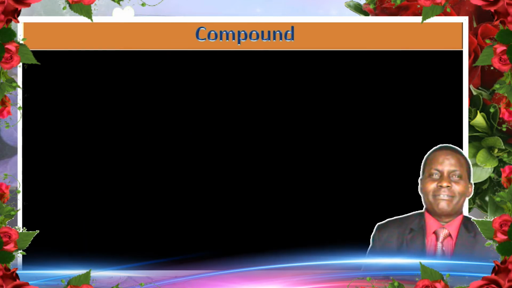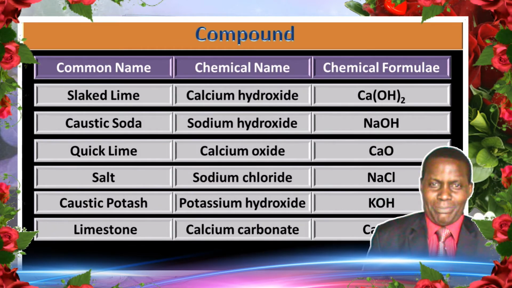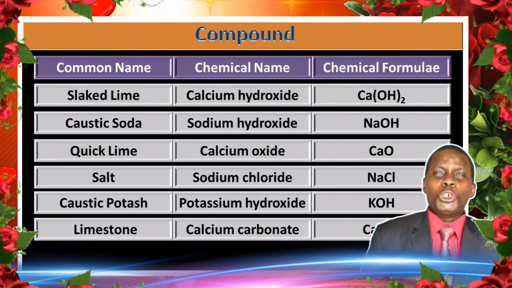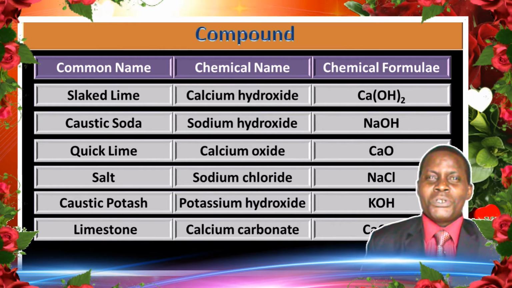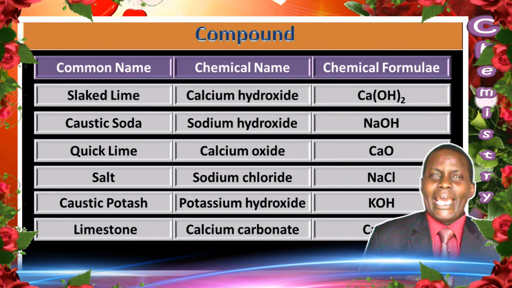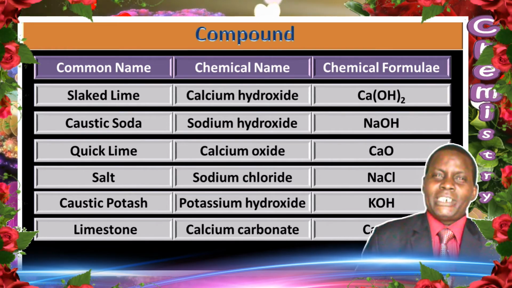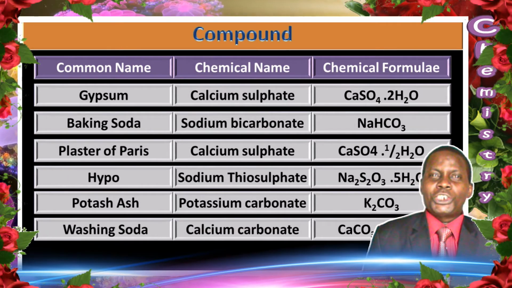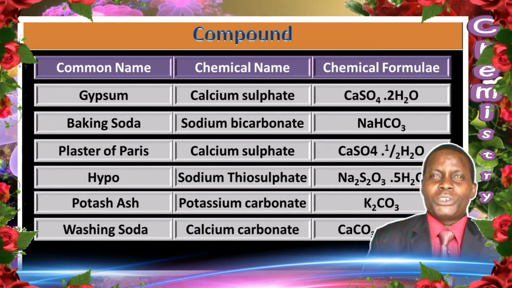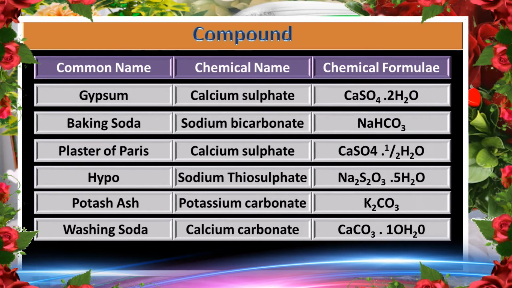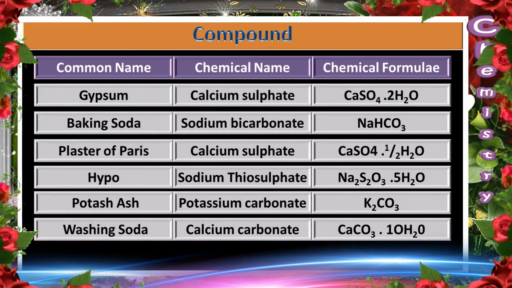Many compounds have common names and chemical names, but we usually use the chemical names because they are descriptive of the elements which are contained in that compound. They give us a description of the elements which are found in that compound.